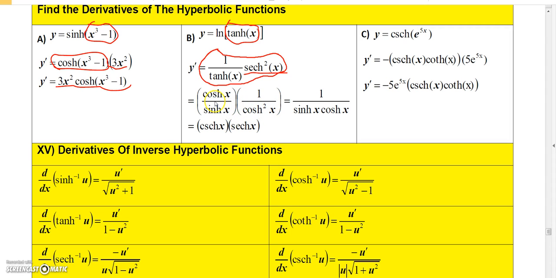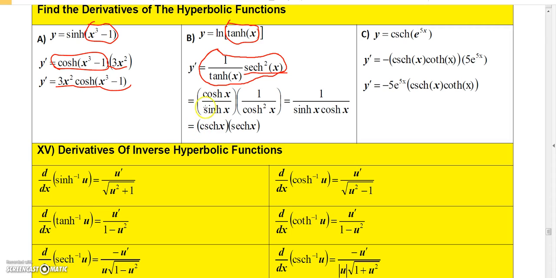So now, if you write it this way, then the hyperbolic cosine of x here goes into this hyperbolic cosine squared, and so you'll get hyperbolic cosine of x down here with hyperbolic sine of x, and so that's going to be 1 over hyperbolic sine x times hyperbolic cosine of x, and 1 over hyperbolic sine x is hyperbolic cosecant x, and 1 over hyperbolic cosine x is hyperbolic secant x.